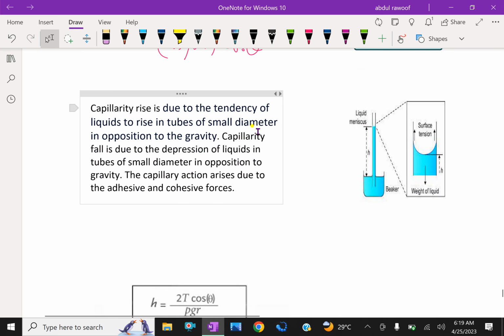Capillary rise is due to the tendency of liquids to rise in tubes of small diameter in opposition to gravity. This is a force opposite to gravity. Capillary fall is due to the depression of a liquid in tubes of small diameter. Capillary action arises due to adhesive and cohesive forces.